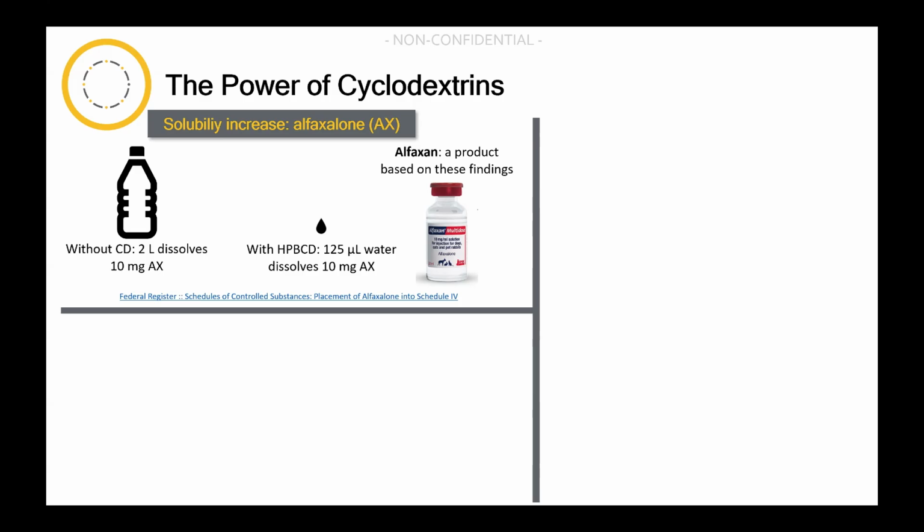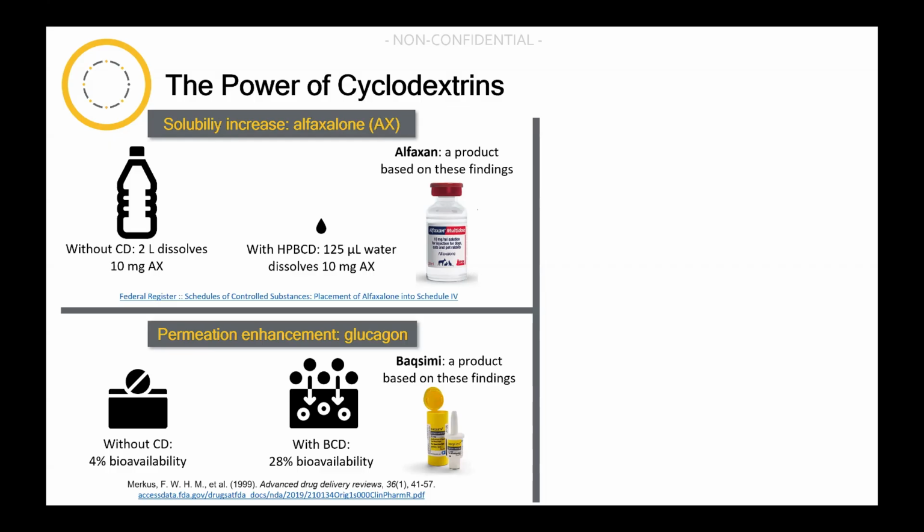But if you use a high amount of cyclodextrin, HP beta in this example, you can decrease the amount below 1 milliliter, which is more than 10,000 fold solubility increase, and someone already thought about it, and there is the product on the market. Alfaxan is the brand name.